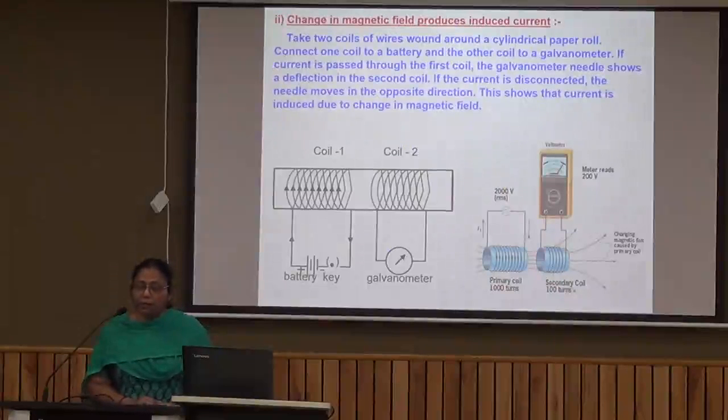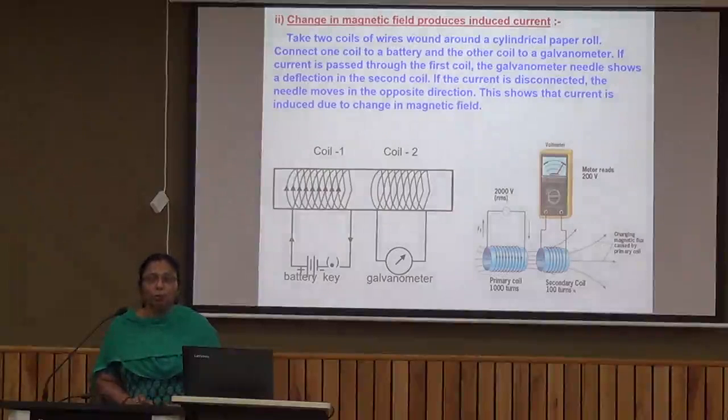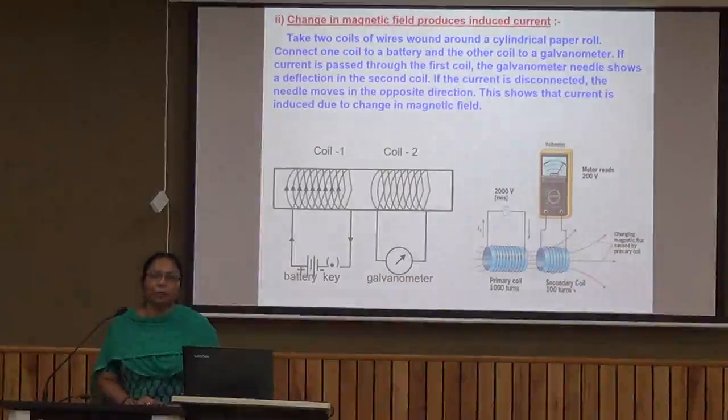Then the second activity for EMI is that there are two coils. One coil is connected to the battery or the cell and the other coil is connected to the galvanometer. As soon as the switch is on in the first coil, the current is on and there is electromagnetic induction seen in coil 2, and thus an induced current in coil 2, and the presence of the induced current is shown by the deflection in the galvanometer.